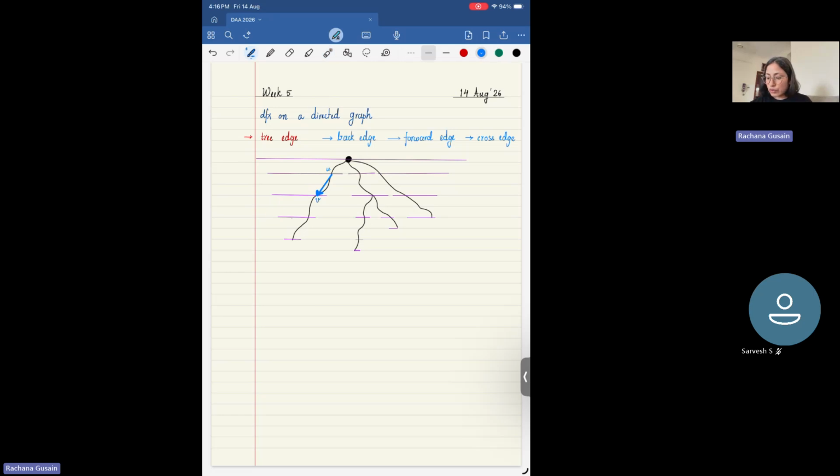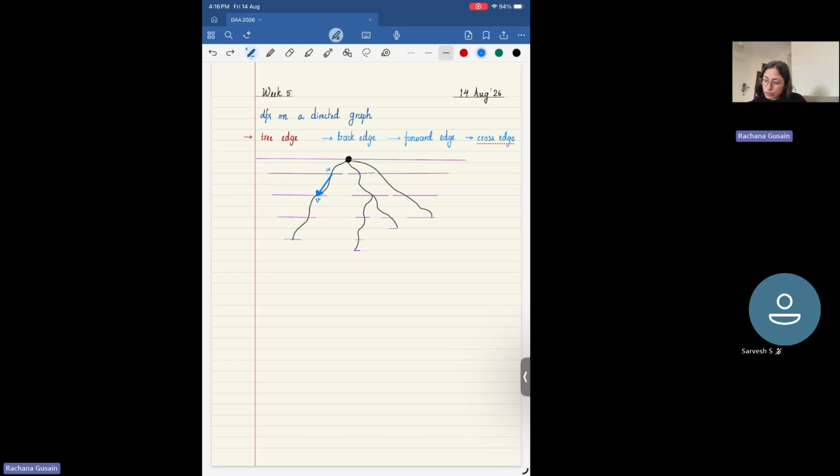Similarly, let's say I have a forward edge. How does a forward edge look like? Suppose I take any path on the tree, and I take two nodes on that path, then they will have the ancestor-descendant relationship.